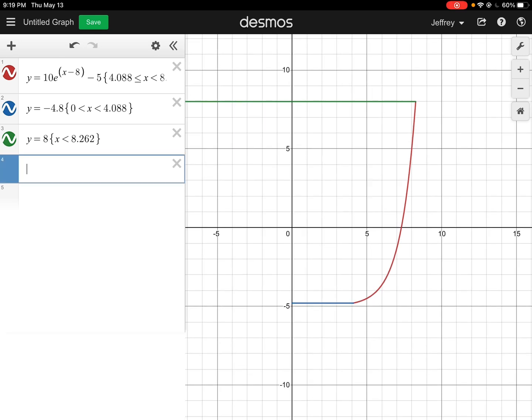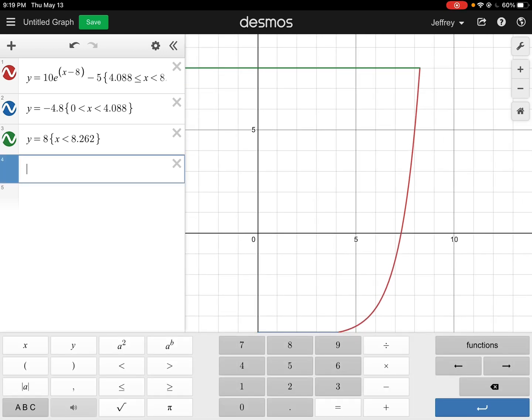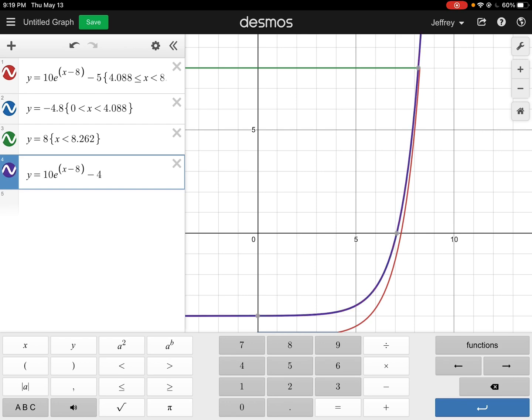Now I need another function that is similar to my red function. So if I take that same function, y is equal to 10 e raised to the x, I have to be careful about this one, because if I do x minus 8, oh wait, no, x minus 8 is good, but then the vertical shift, I can't just do minus 5, because that's going to be the same function, so I want to be more than 5, so let's do minus 4.